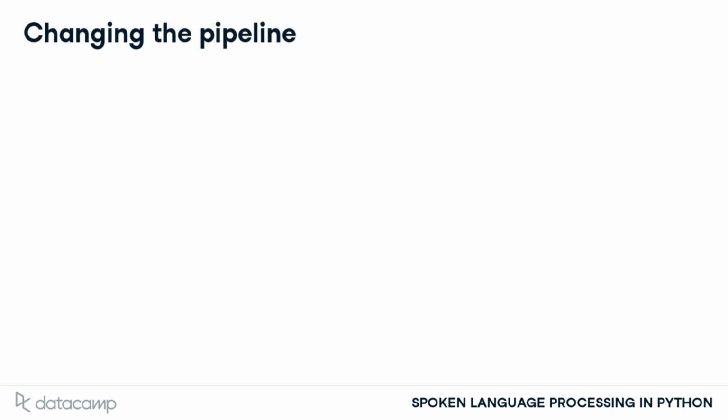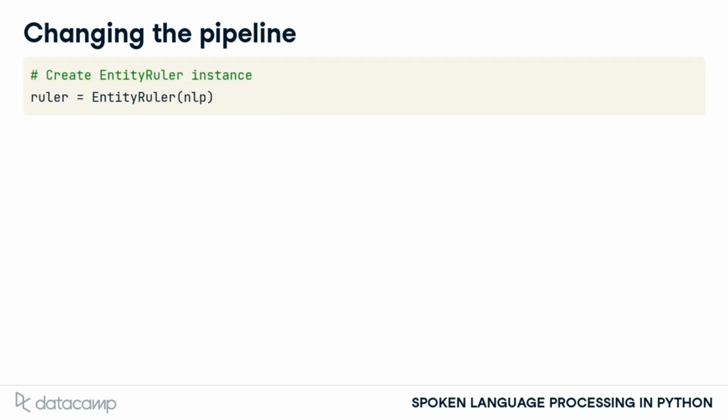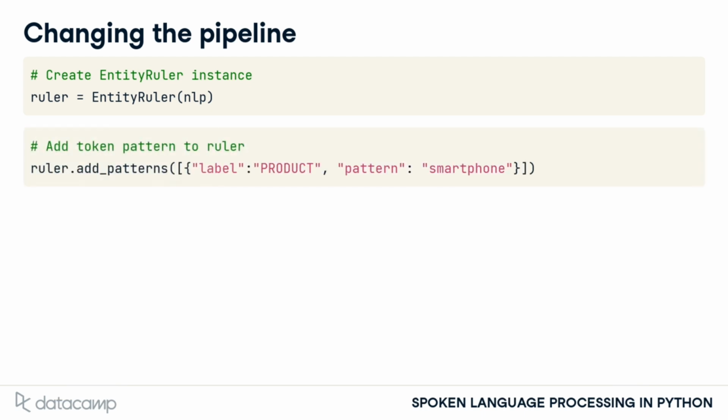The Entity Ruler class allows us to create another step in the pipeline. We start by making an instance of Entity Ruler called ruler, passing it nlp. Then we use add patterns to add the token pattern we'd like Spacy to consider an entity. In our case, we want the smartphone token to have the entity label product.